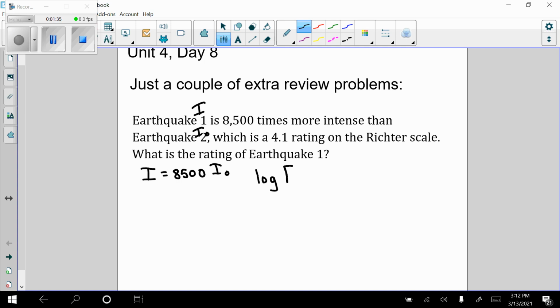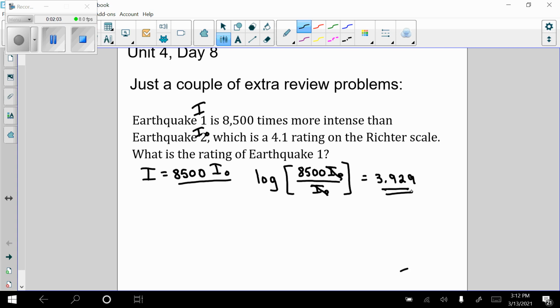So I have log, remember it's I over I sub 0. So if I substitute for my numerator, I get 8,500 I sub 0 over I sub 0, which is my weaker quake. These are going to cancel. And a log of 8,500 is 3.929.